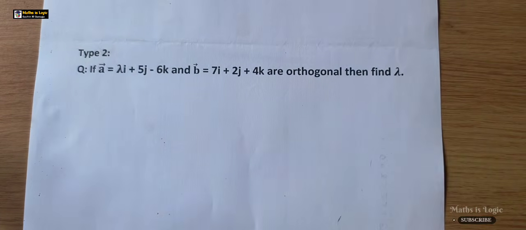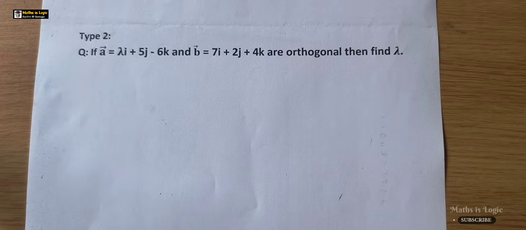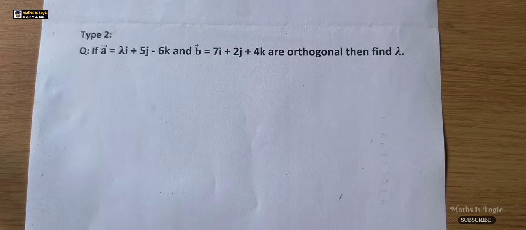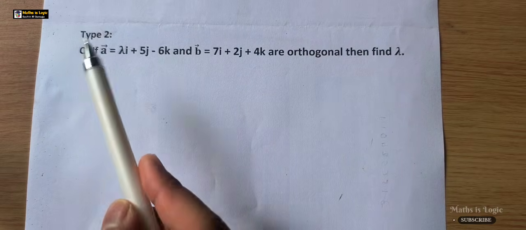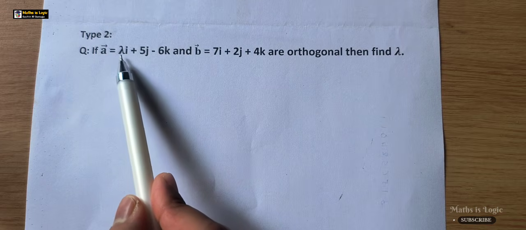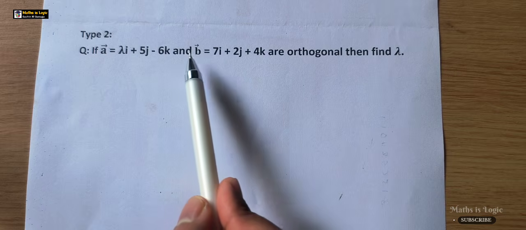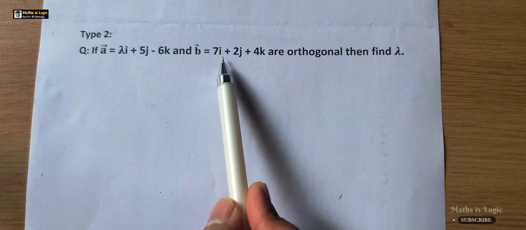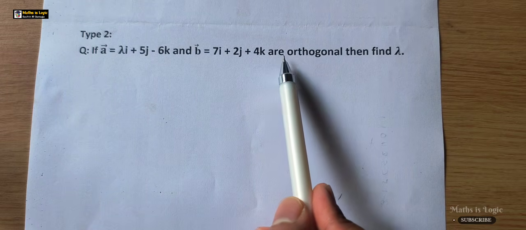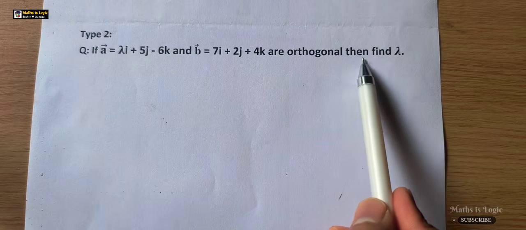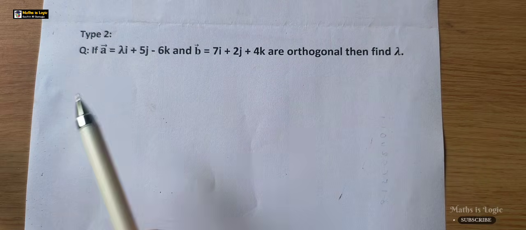So next, type 2. So in the type 2, how they will ask the question? Here it is. If A vector is equals to lambda i plus 5j minus 6k and B vector is equals to 7i plus 2j plus 4k are orthogonal, then find lambda.